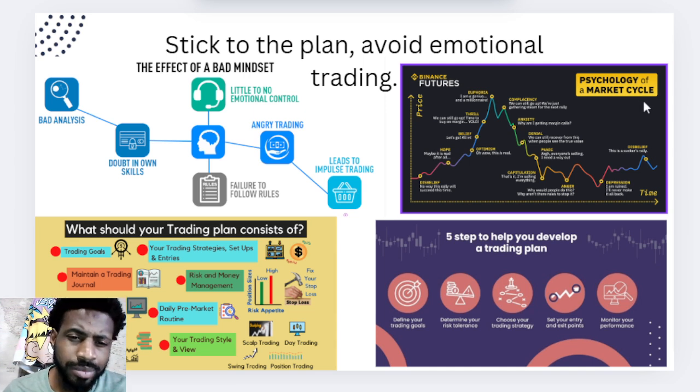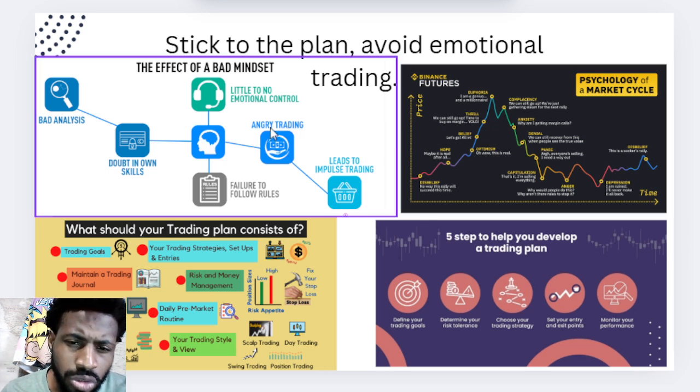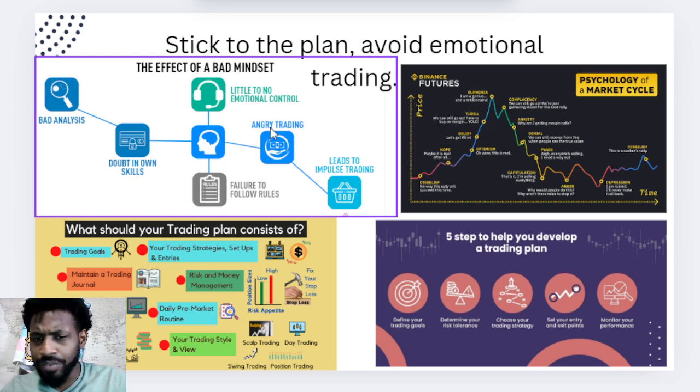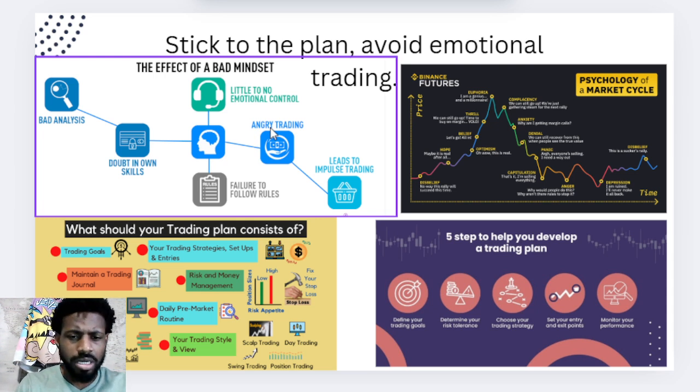Okay. Now, the effect of a bad mindset is little to no emotional control. This is what I talked about earlier. In order to have emotional control, you just got to change your behavior and your patterns, what you do on a daily basis, or change your habits. Change it to the person you want to become, and this will help you control your emotion a lot better.